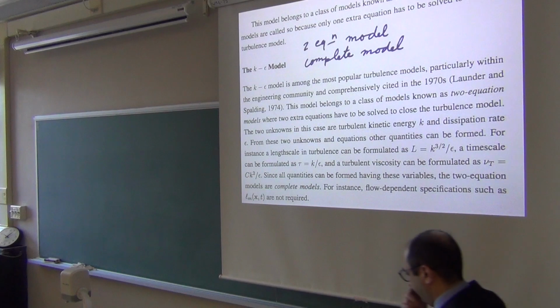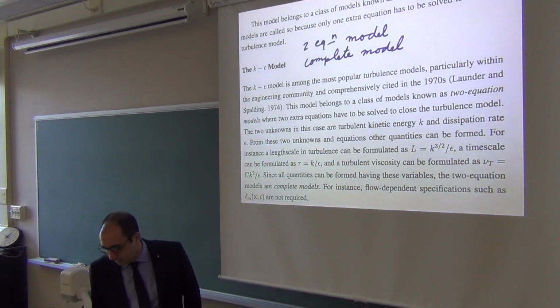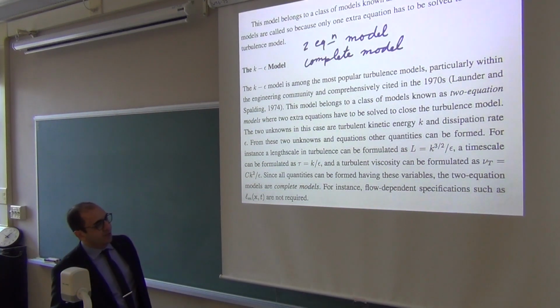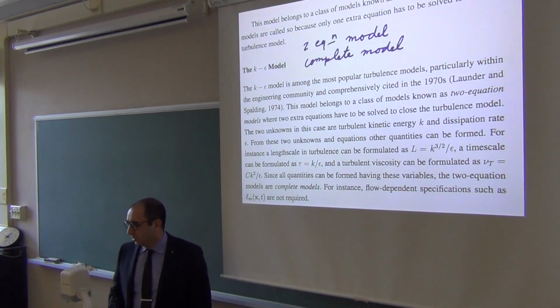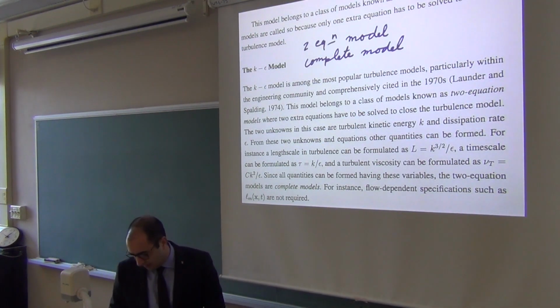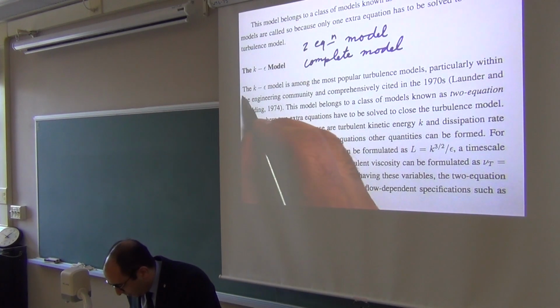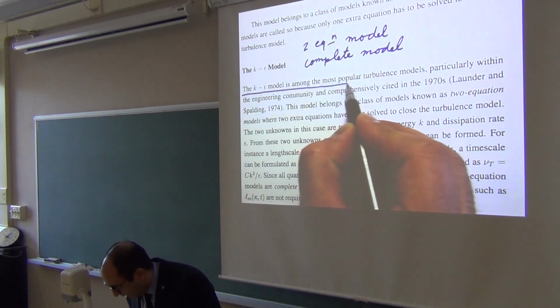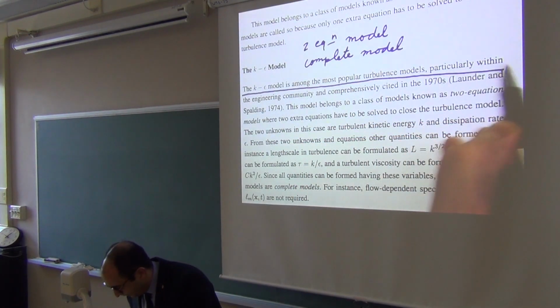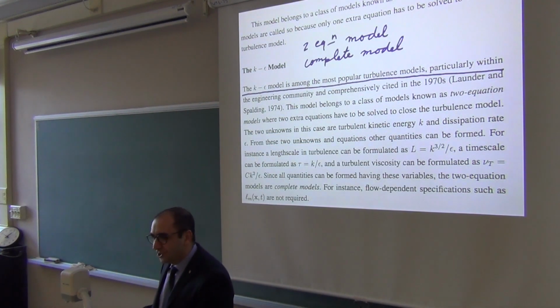In other words, whatever discretization or flow situation I may have, the equations are the same, they're intact, they don't change. So the K-epsilon model is among the most popular turbulence models, particularly within the engineering community.